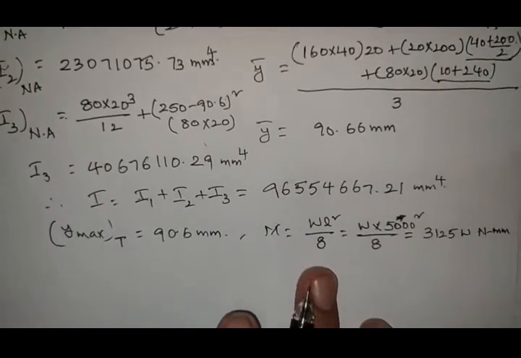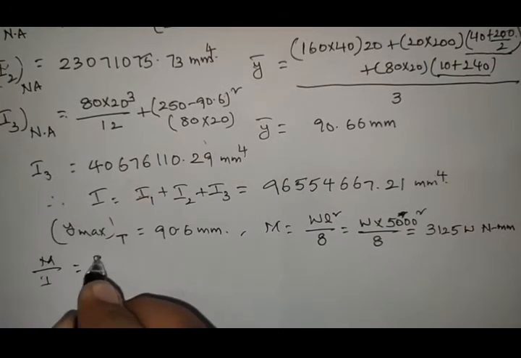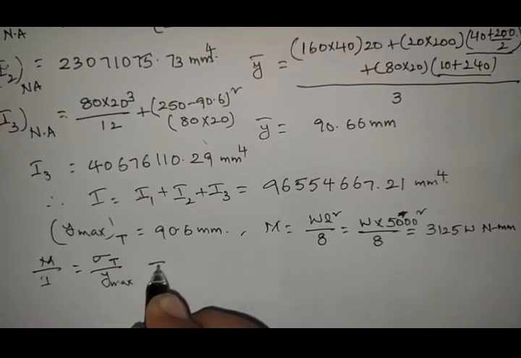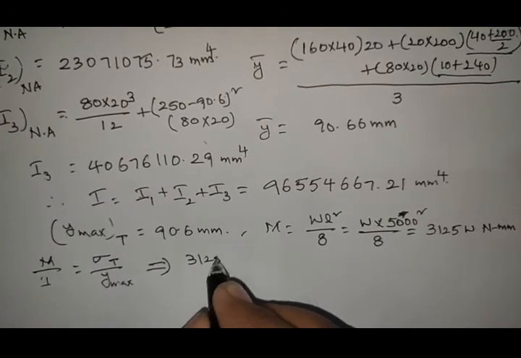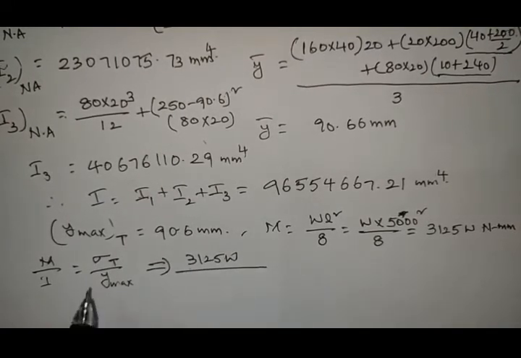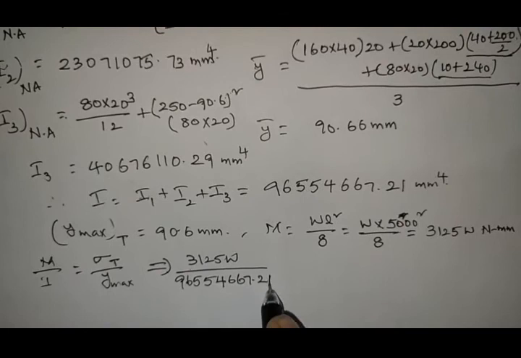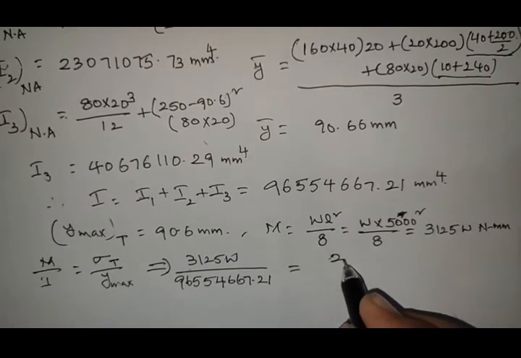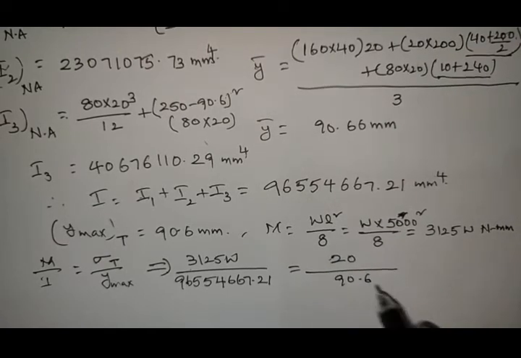Now substitute in the equation, M by I equals sigma T by Y max. Tensile stress I am taking. So M value 3125 W by I value 96554667.21 is equal to sigma T, 20 Newton per mm square, by Y max, 90.6 mm.